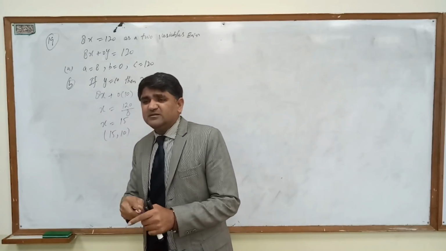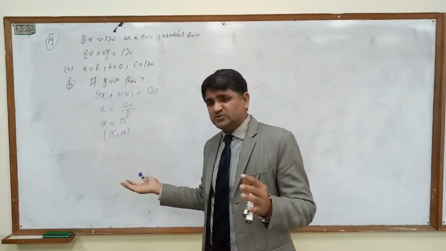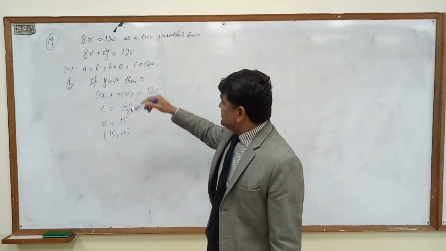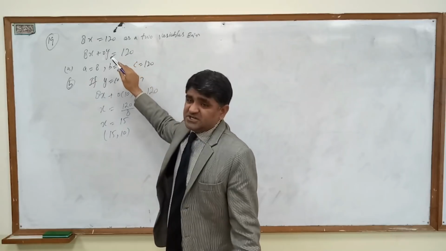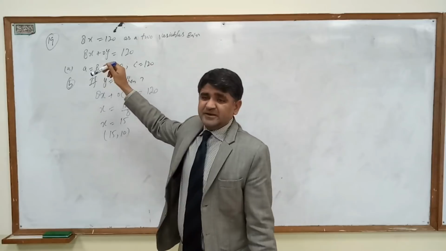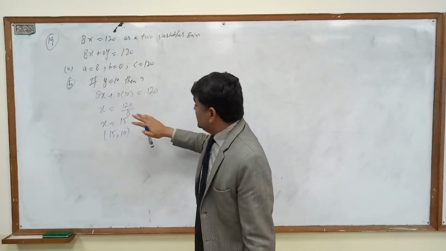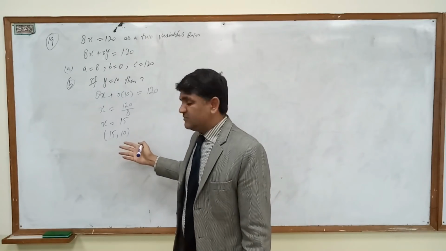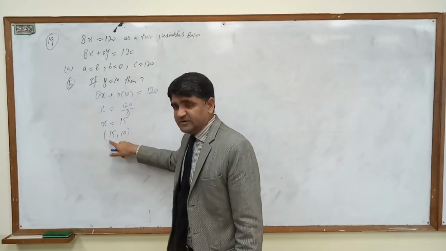So if the value of y is 5, minus 100, minus 10, minus 20, minus 30, does it make any change in the equation? No, sir. Any value of y will not bring change in the equation because its coefficient is 0, and 0 multiplied by anything is 0. Okay, students? Yes, sir. So any value of y can be there, but x must be equal to 15.